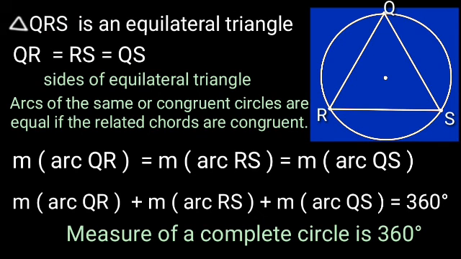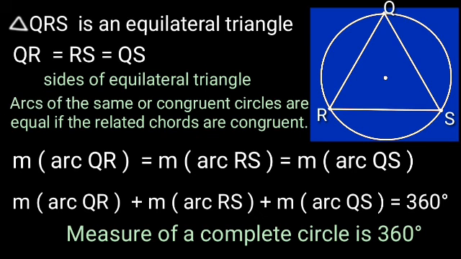Hence, QR is equal to RS is equal to QS, the sides of an equilateral triangle. But we have studied that arcs of the same or congruent circles are equal if the related chords are congruent.